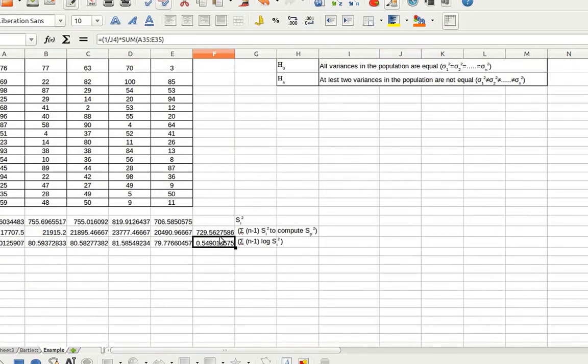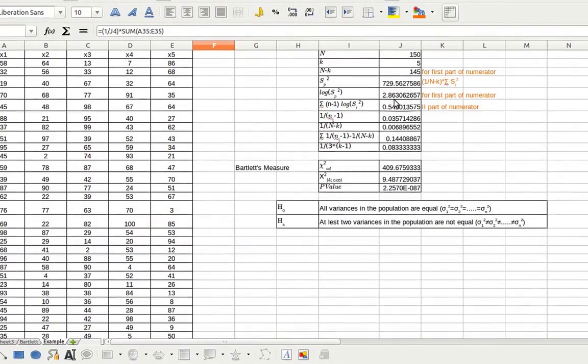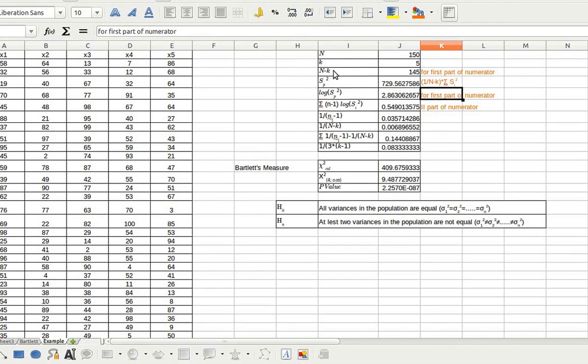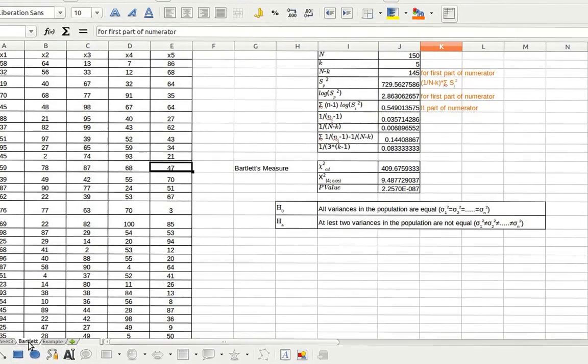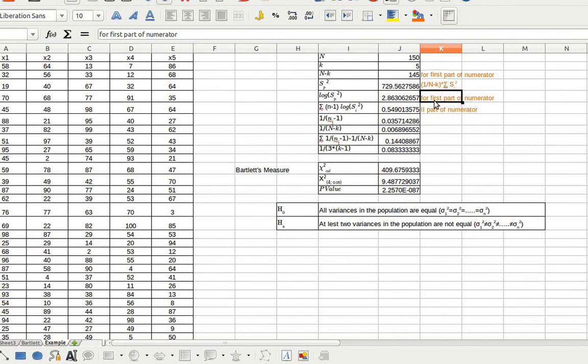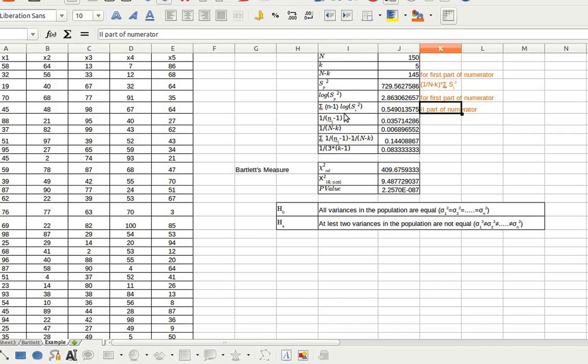See here 0.49, 0.454, and this is the second part of the numerator. These two are the first part of the numerator, where n minus k multiplied by log sp square, you can see that in the formula. We are going to use these two things to find the first part of the numerator, and the second part of the numerator is already ready.